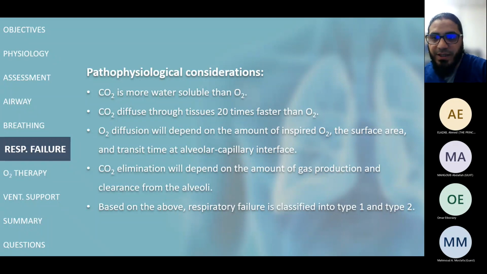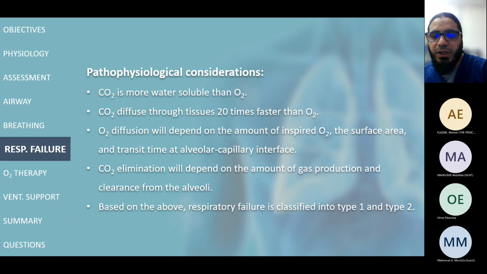It's like a flat size. Any defect in this surface area will compromise the oxygen transport. And also, because it's less water soluble, it needs more time at the interface to move across the membrane.